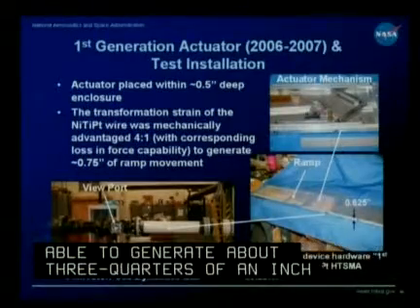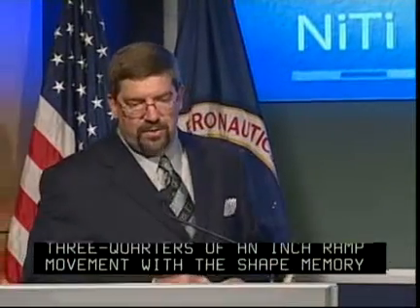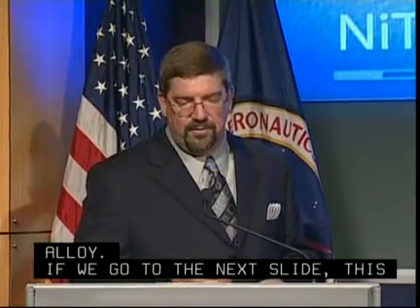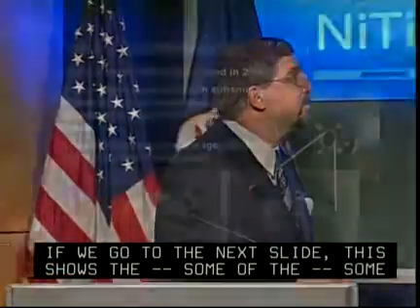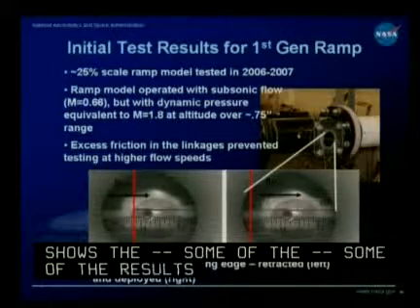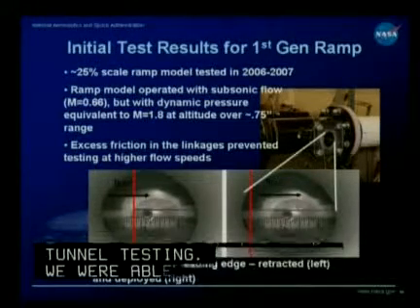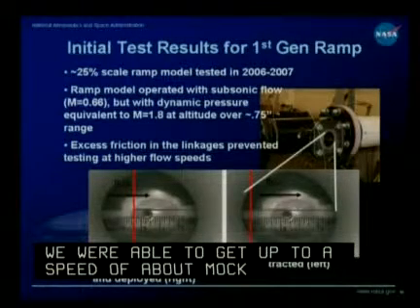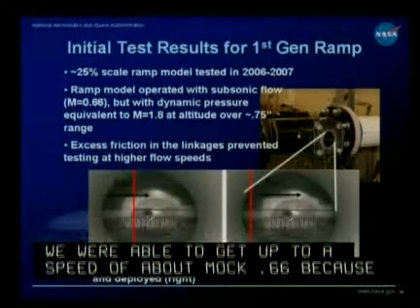If we go to the next slide, this shows some of the results of the wind tunnel testing. We were able to get up to a speed of about Mach 0.66 because we're using air at basically sea level.